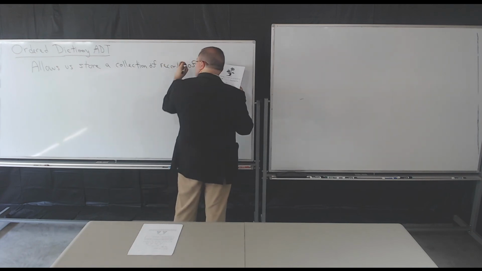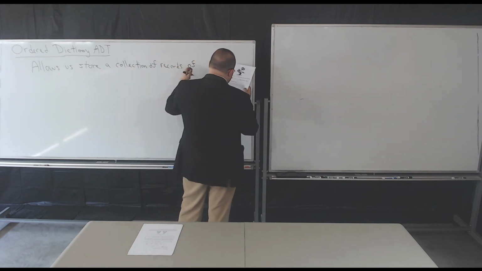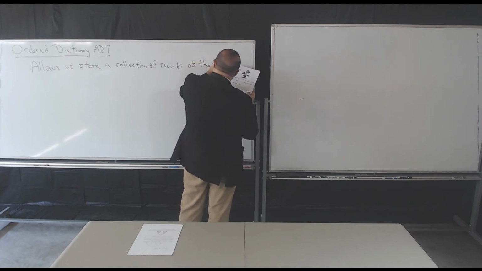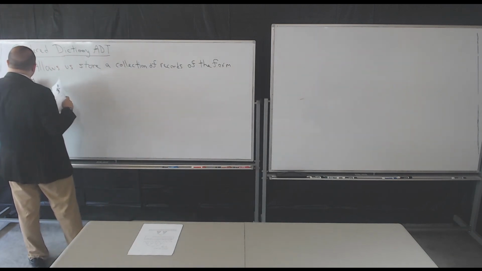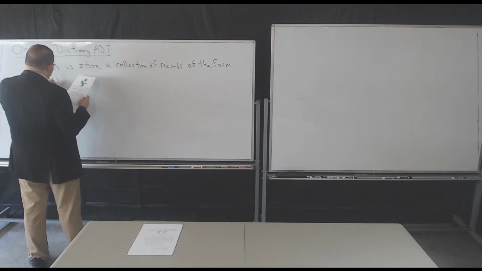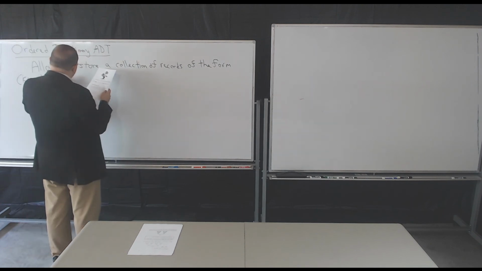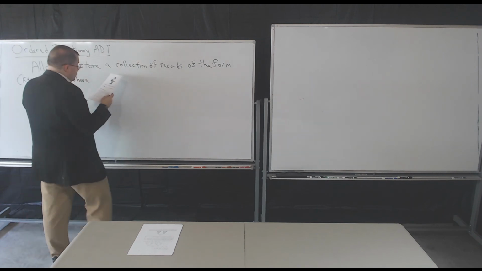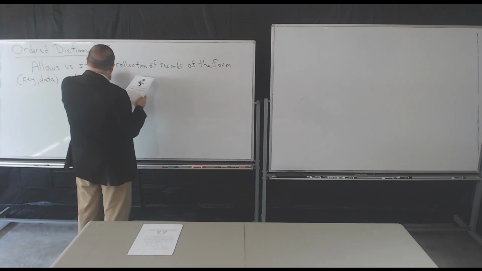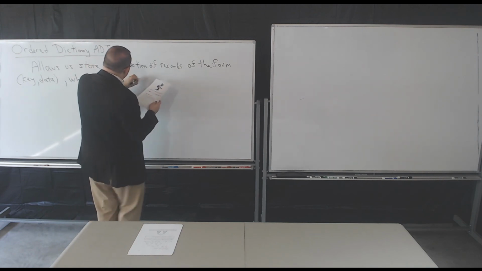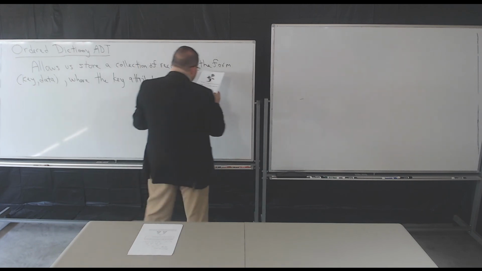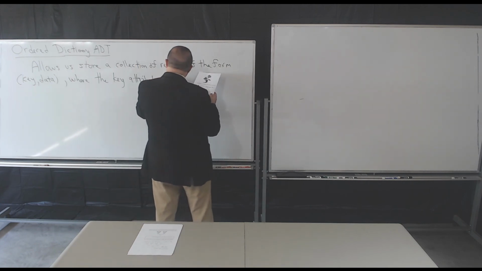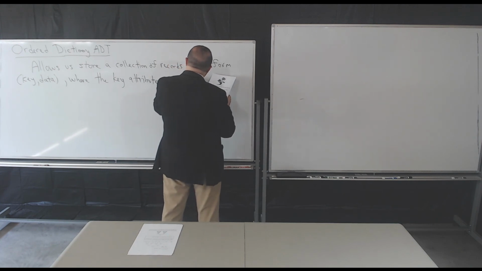Remember, the keys are unique here. Records of the form key, data, the pairs. Now this is where it changes: the key attributes come from a total order.